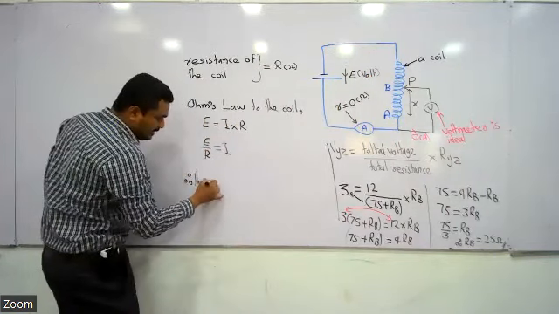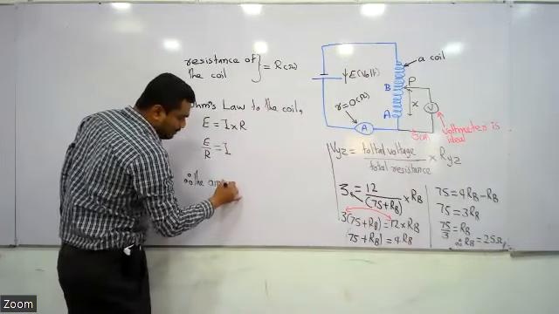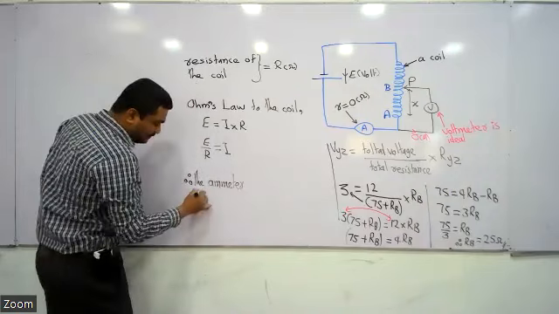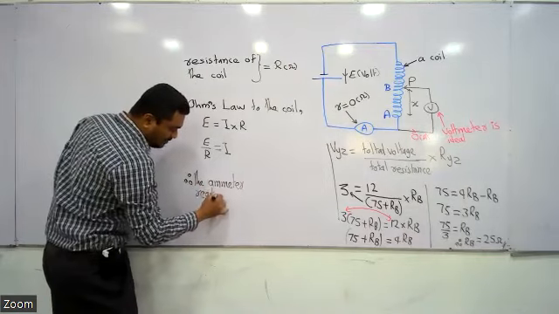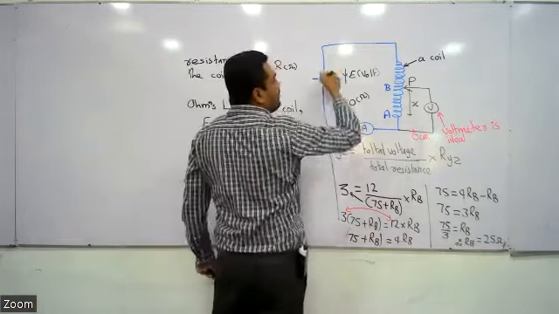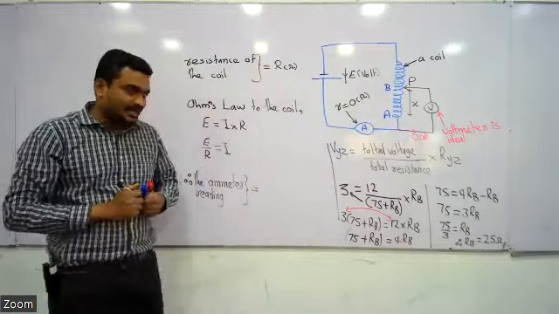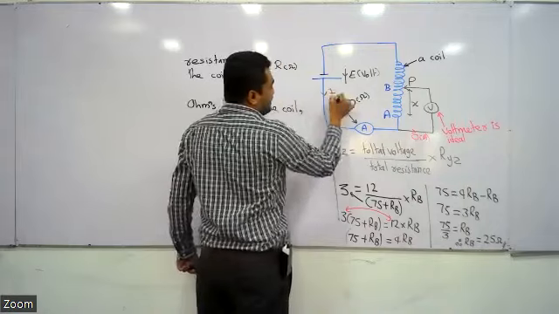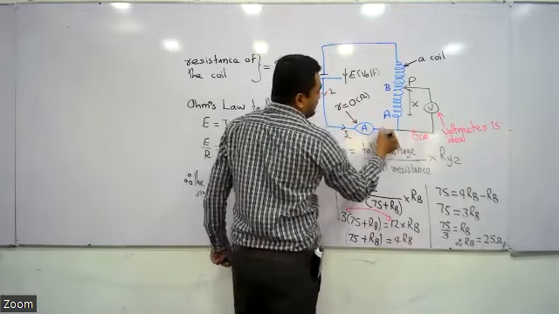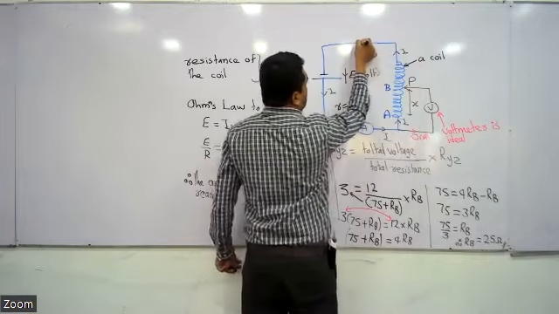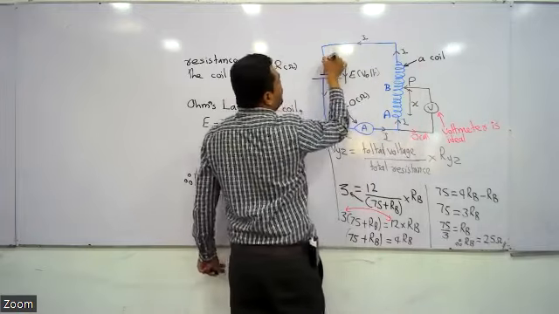Therefore, what is the ammeter reading? Come on. What should be the ammeter reading? Ammeter reading is the current that flows through the ammeter. Current that flows through the ammeter is I. This entire current I flows through the circuit like this. You should mark the current also.